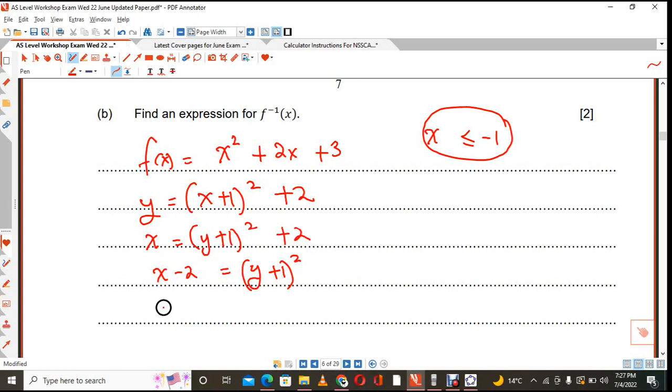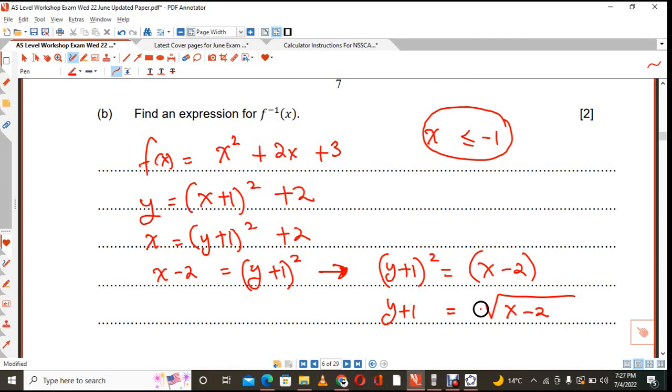Let me rewrite it nicely as (y plus 1) all squared equals x minus 2. I'm going to put that in brackets because now I must take the square root of that stuff, x minus 2. But here's the thing. The square root of anything, the square root of 36, is positive or negative, right?